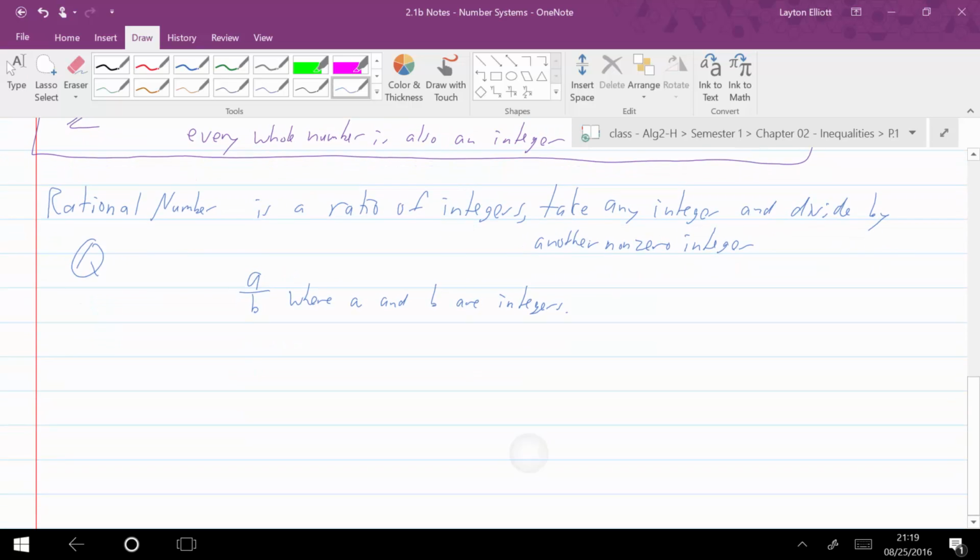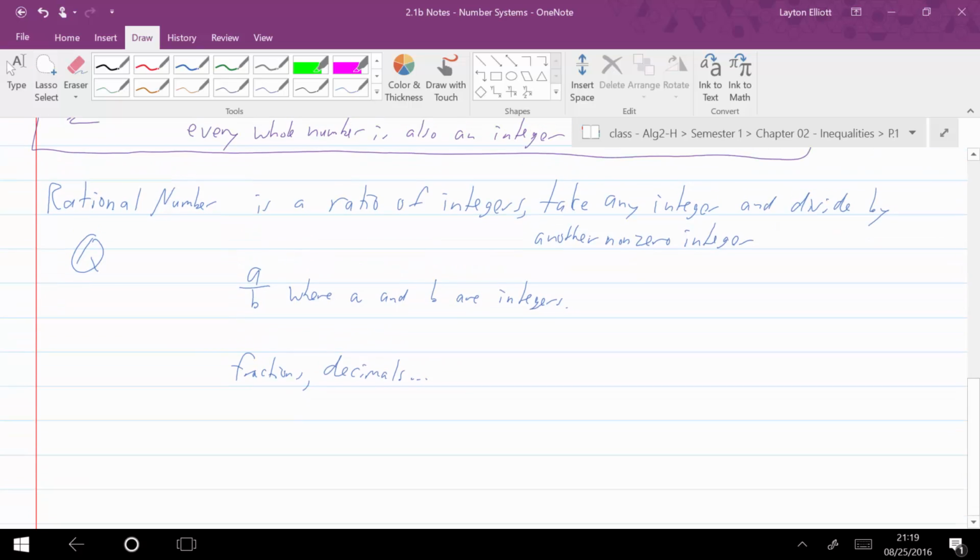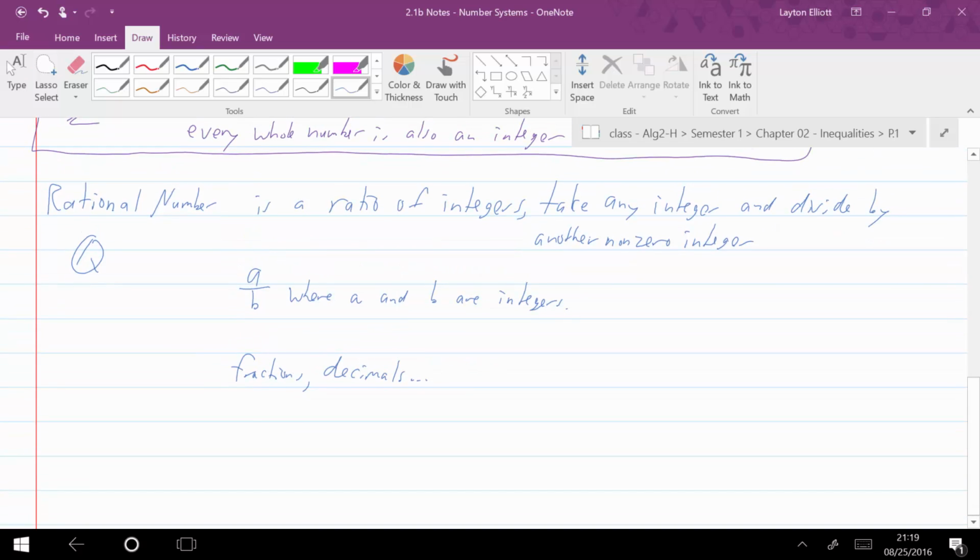So these are your fractions. These are your common fractions. These are your decimals. These are all the things that we think of as fractions and decimals, with a few exceptions. First of all, the number 1/4 is a rational number because it's 1 divided by 4.